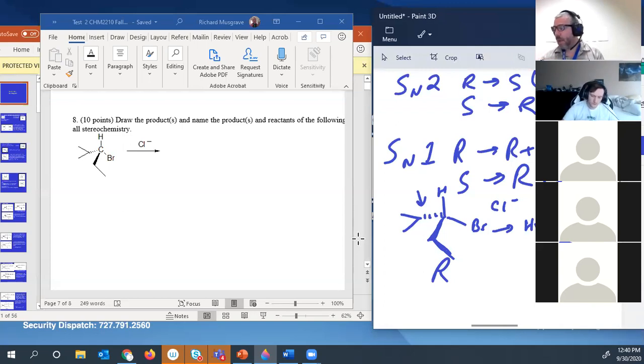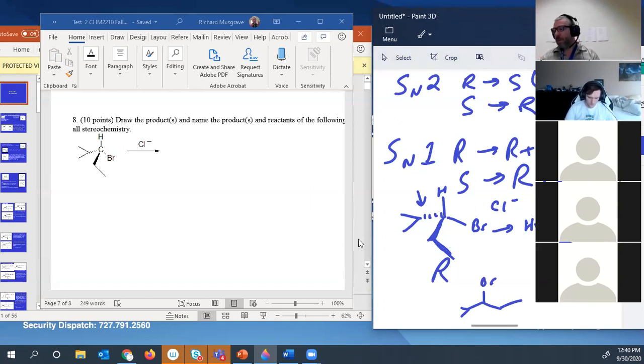So the name of this, what you'd have to do is figure out the longest chain here. And sometimes it's helpful for something like this to go ahead and draw it as a line structure, just so you can help to identify the chain. Let's see, that's going to look like that.